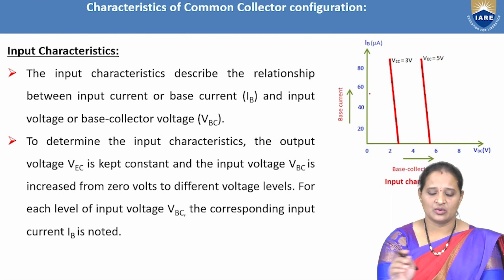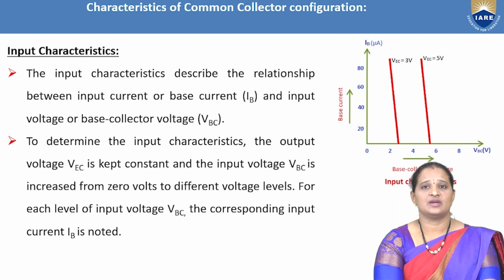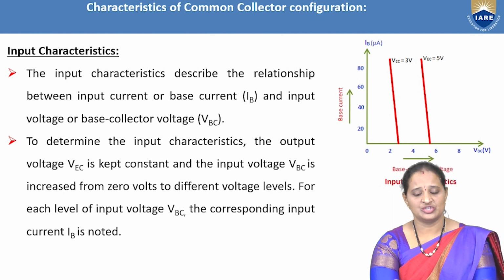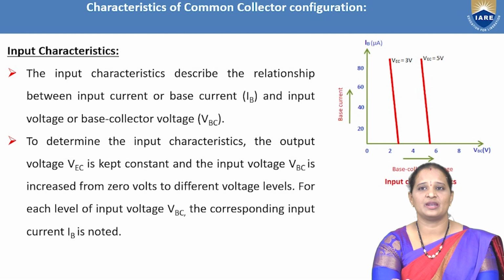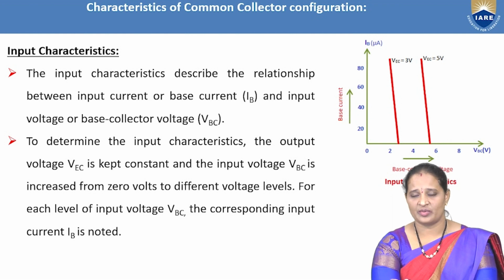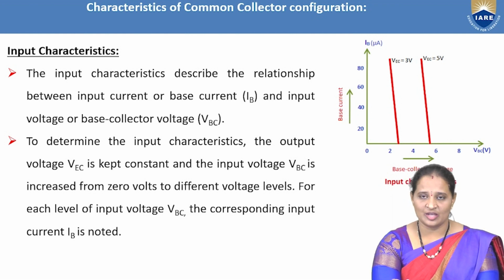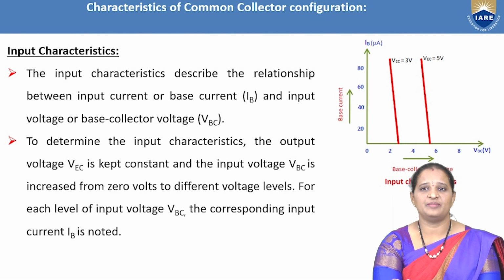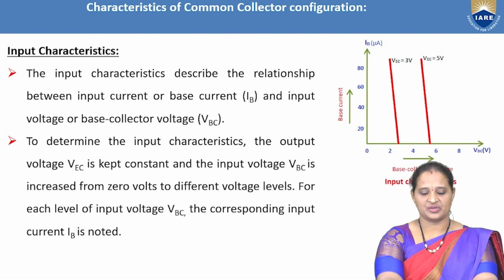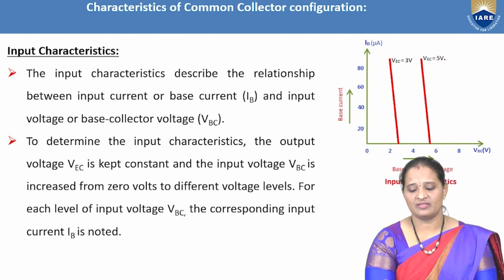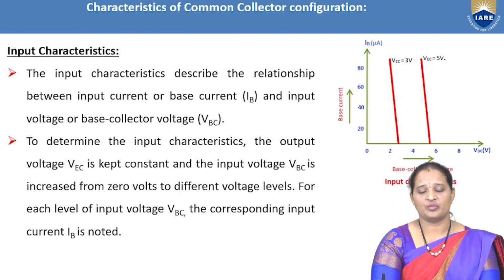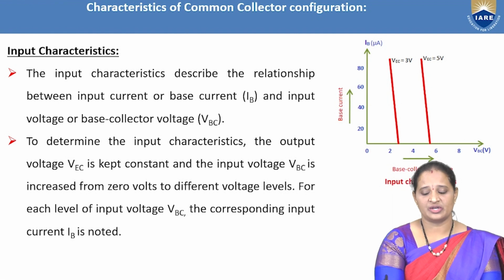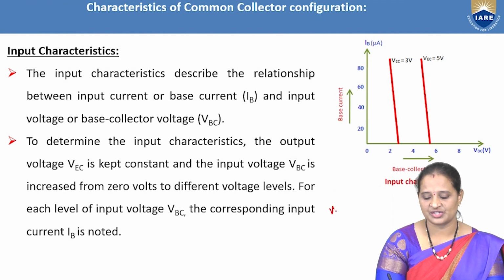So here, the input characteristics show the relationship between the input current, that is the base current in common collector configuration, and the input voltage, which is VBC, that is base to collector voltage in common collector configuration. So first of all, to determine the input characteristic curve, what is the output voltage in common collector configuration?